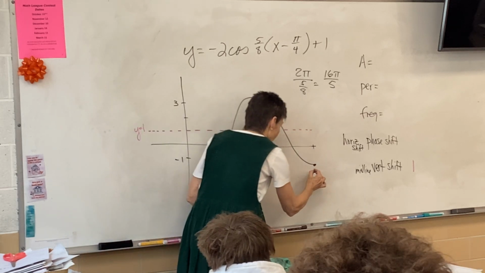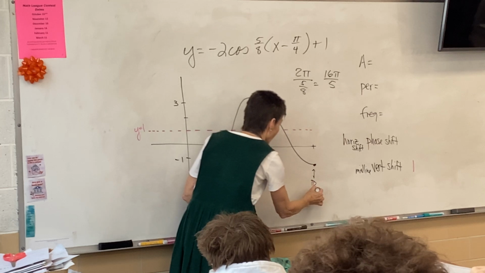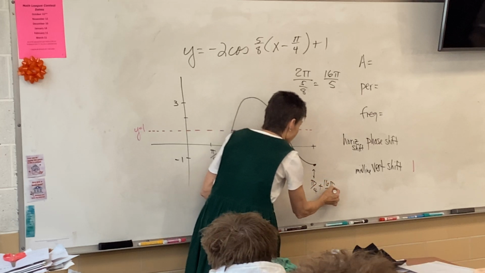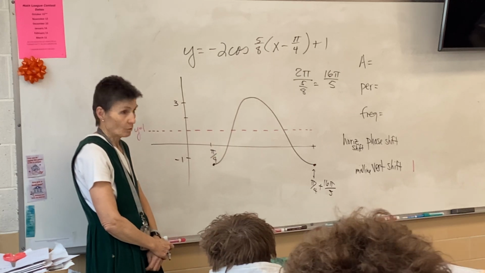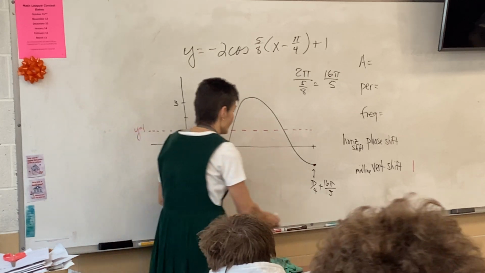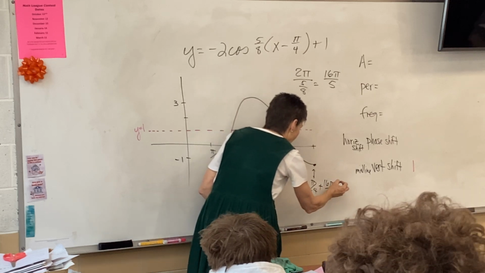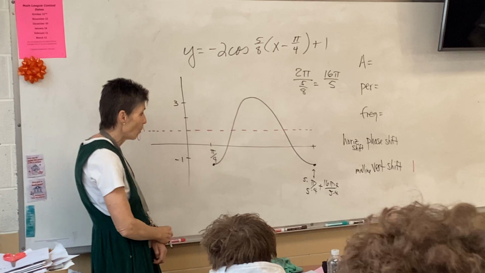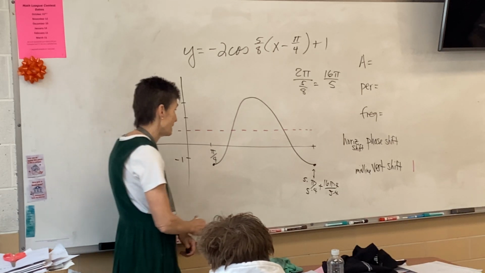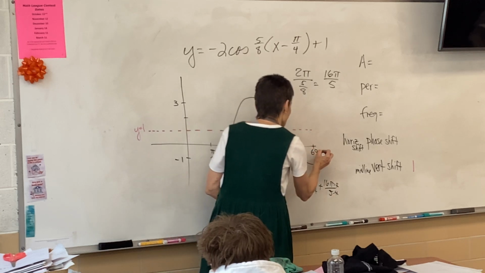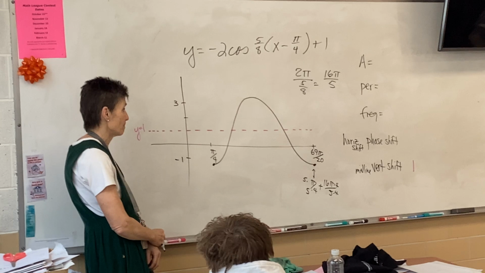This point right here is going to be pi over 4 plus 16 pi over 5. Would you agree with that? So let's get a common denominator. This is 5/20, and that's 64/20. So what is that? 69/20. Not nice numbers, but oh well. We're grown-ups, we got it.